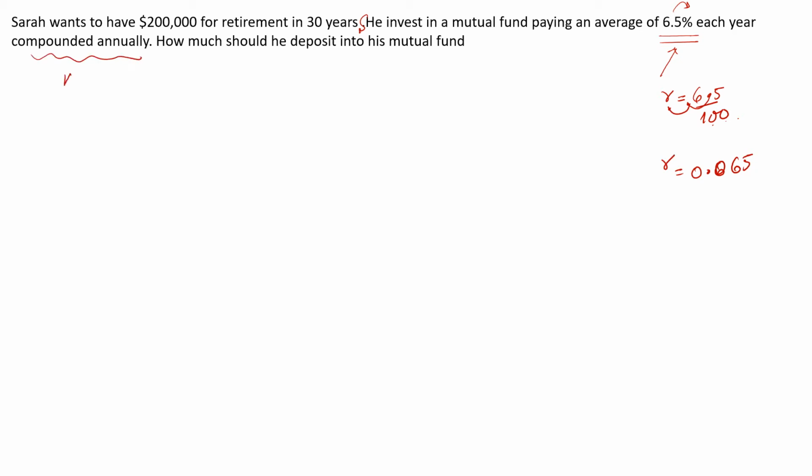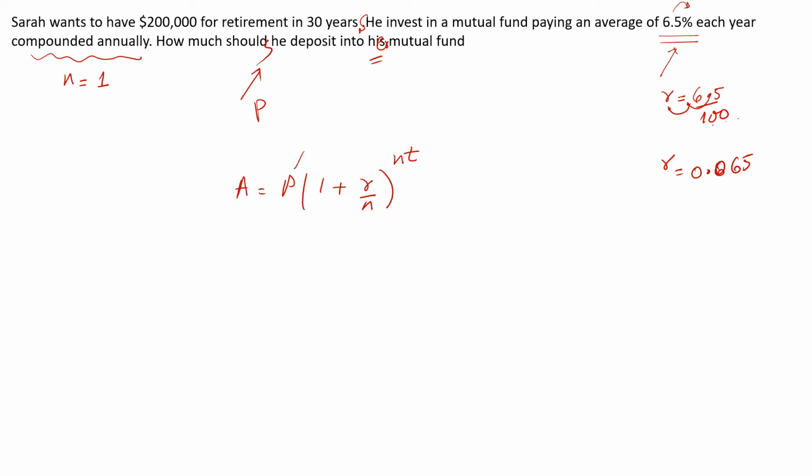Compounded annually means in place of N we will write 1. How much should she deposit into her mutual fund? They are asking about P. The formula is A equals P (1 plus R over N) whole to the power of NT.